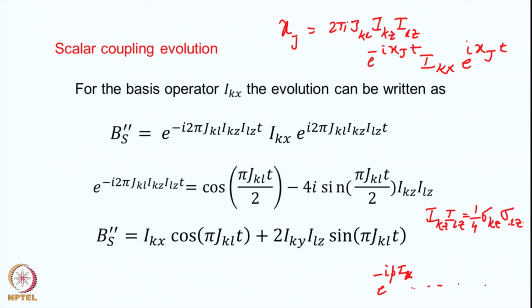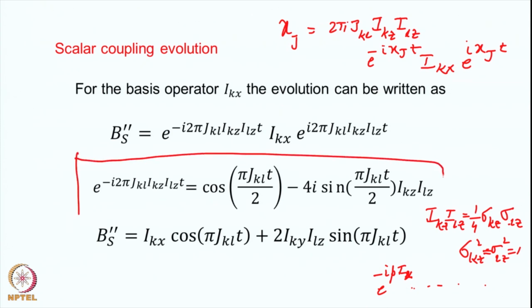The Pauli spin matrices satisfy this condition: sigma kz squared is equal to sigma lz squared is equal to 1. This is the property which we should remember, and we can prove this equation. Therefore I am not going to explicitly prove this. This can be an exercise for the students who can practice this and prove this equation.